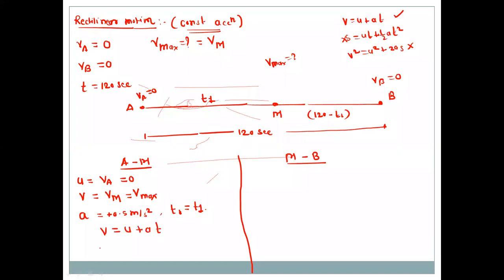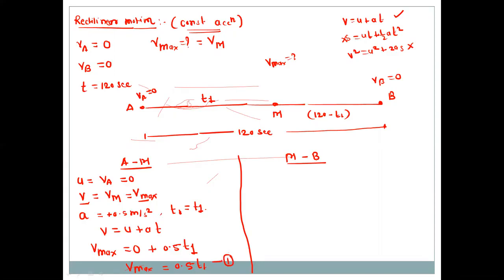Putting V as Vmax, initial velocity 0, acceleration 0.5 and time t1, we get Vmax is equal to 0.5 t1. Take this as equation 1.